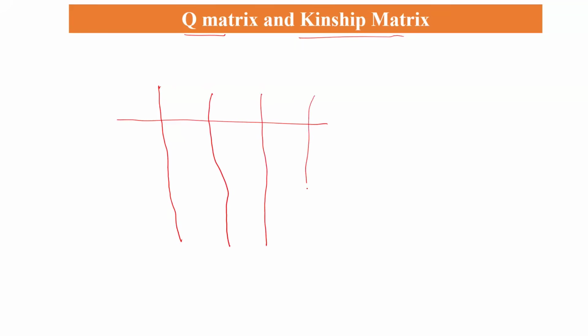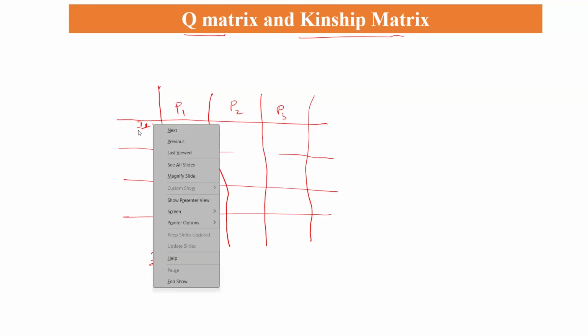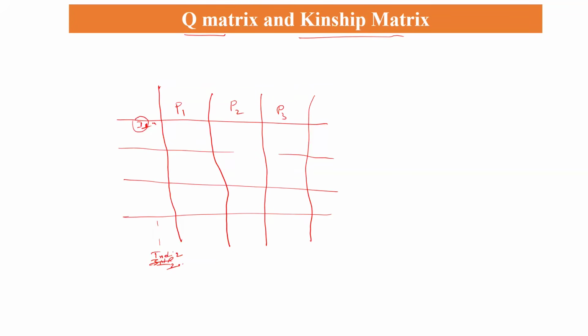Q matrix means Q is a matrix. If you have three populations, population 1, population 2 and population 3, and you have 200 individuals, this is genotype 1 and this is genotype 200.